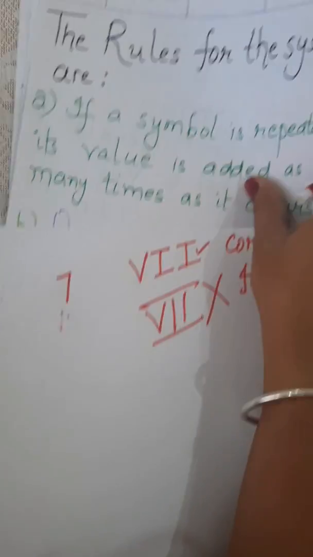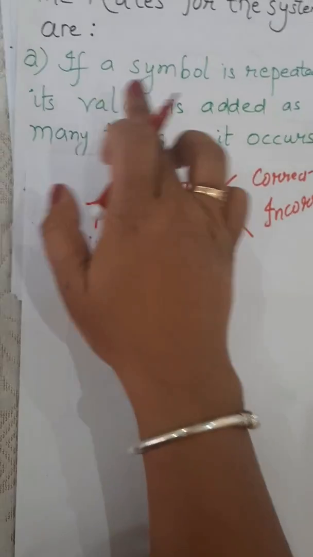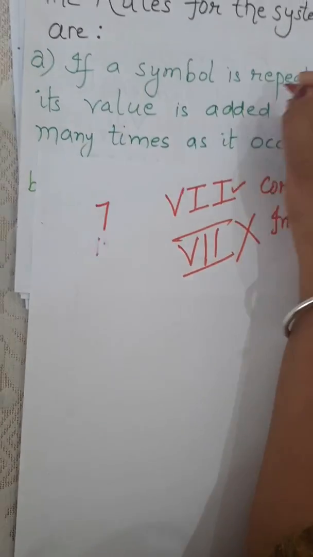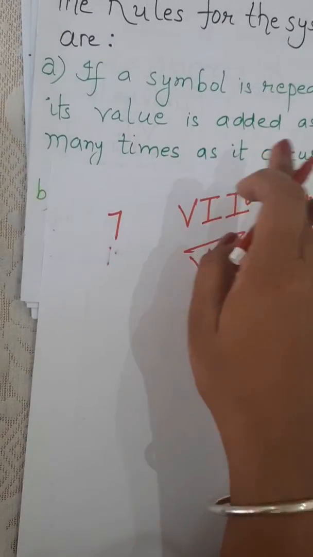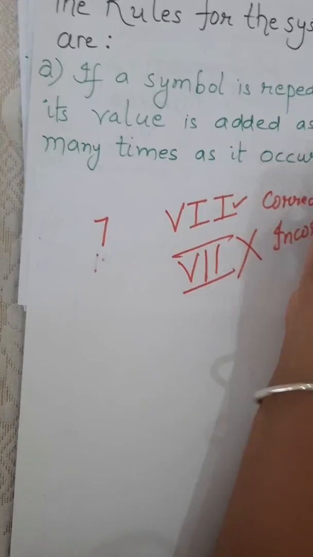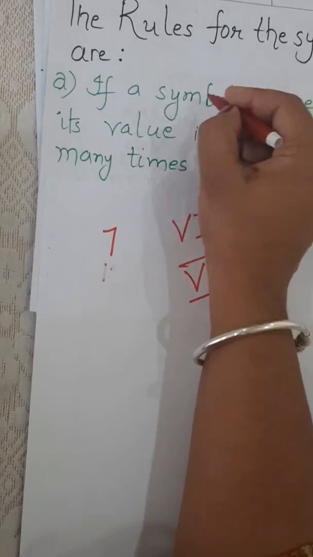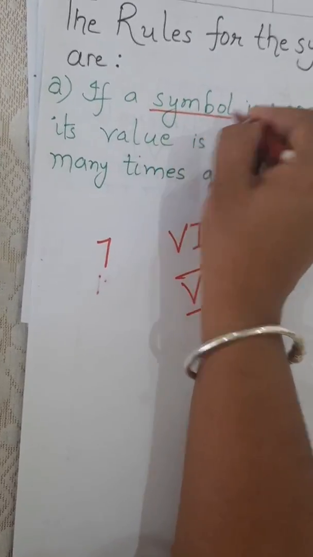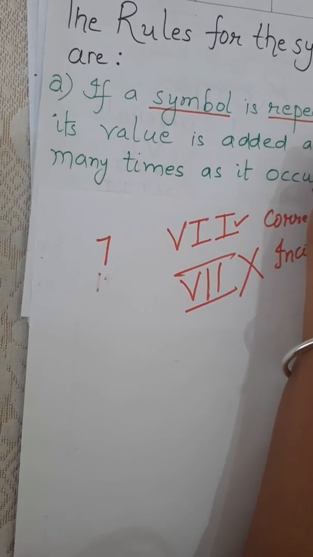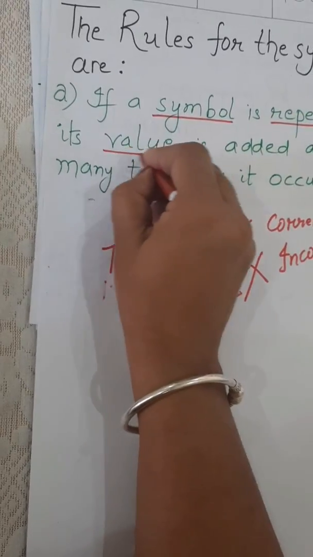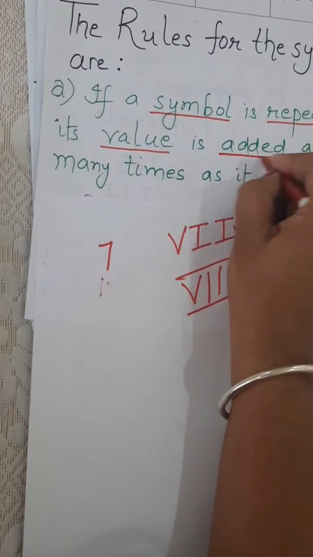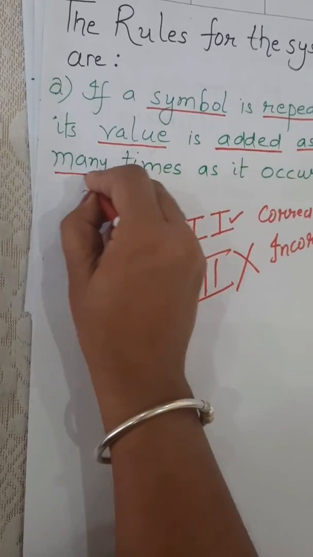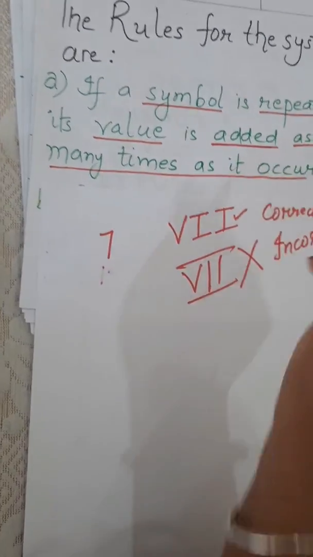Now the rules for the system. The first rule is, if a symbol is repeated, meaning more than once, its value is added as many times as it occurs. I repeat, if a symbol is repeated, its value is added how many times? As many times as it occurs.